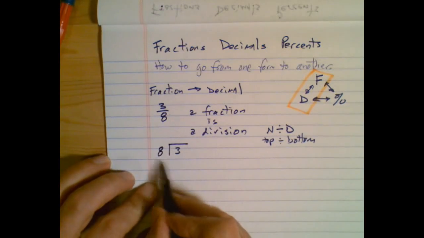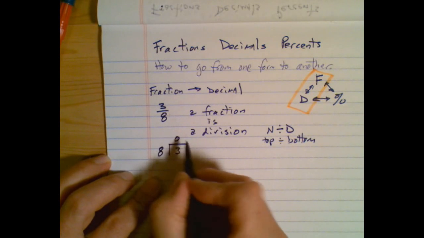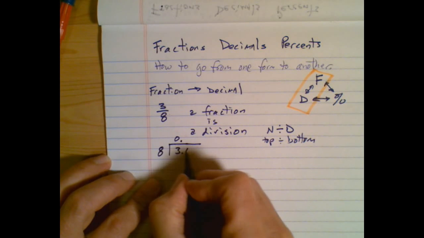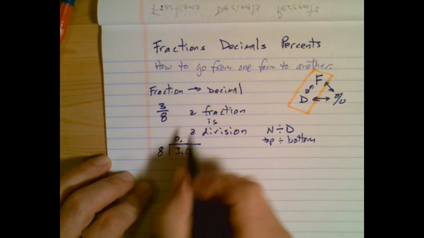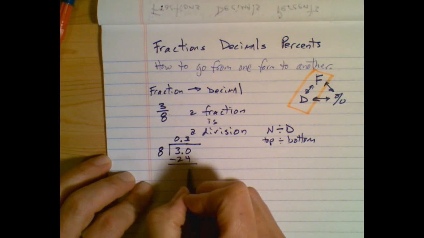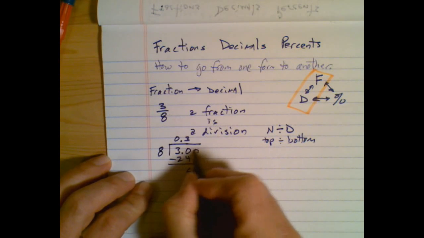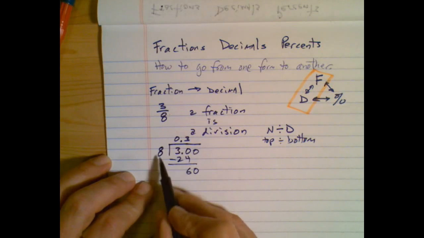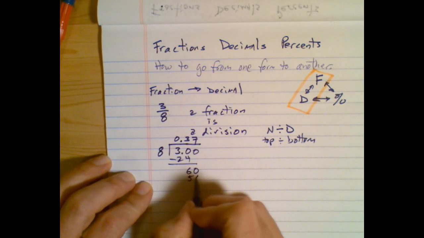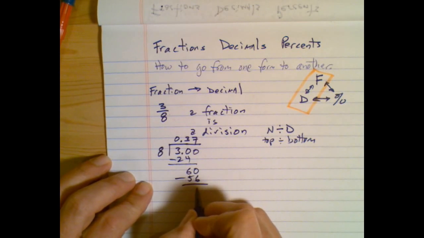Well, how many 8s go into 3? Well, 0. So I'm going to have to add a decimal point and bring the decimal point up. Add a 0. How many 8s go into 30? Well, 3 do. 3 times 8 is 24. That leaves me with 6. I'm going to have to bring down another 0. How many 8s go into 60? Well, 7 do. 7 times 8 is 56. Subtract, I get a 4.